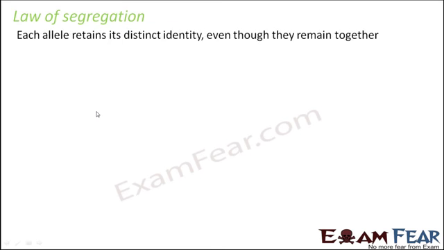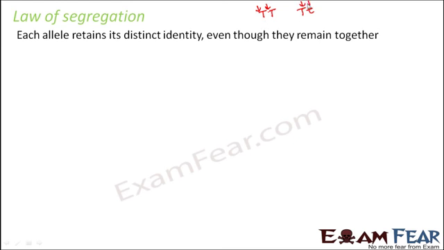The next law was the law of segregation. Segregation means separation. This law states that each allele retains its distinct identity even though they remain together. Now when you talk about any gene, each allele has its own identity. They do not blend with each other. This was as per Mendel's law.